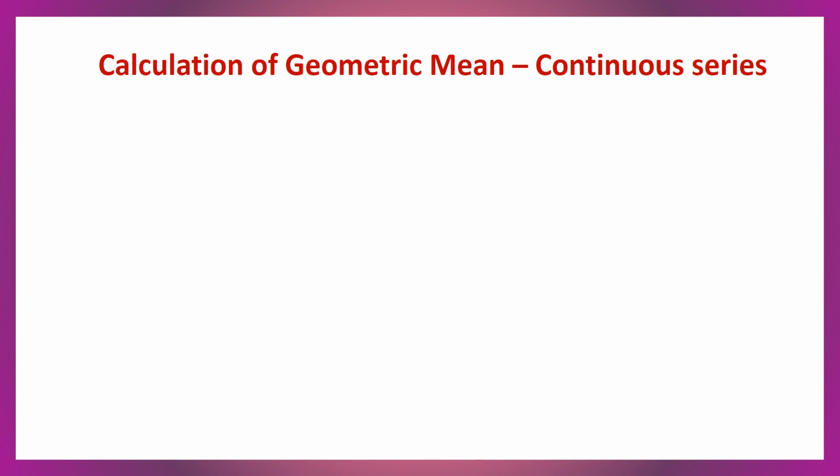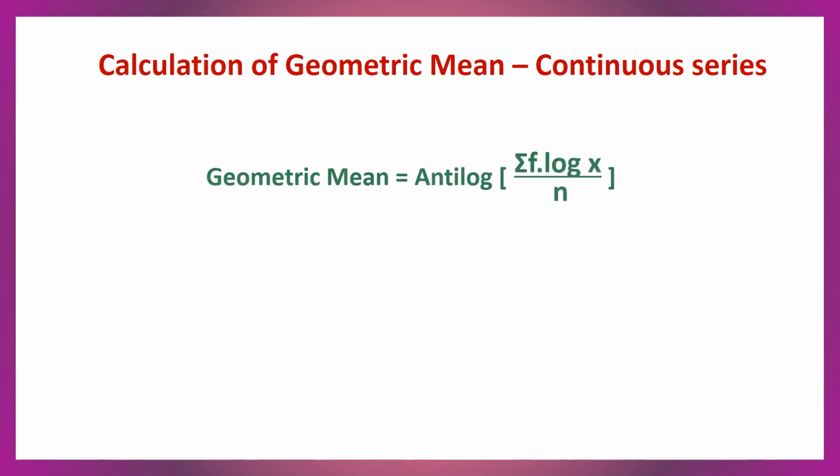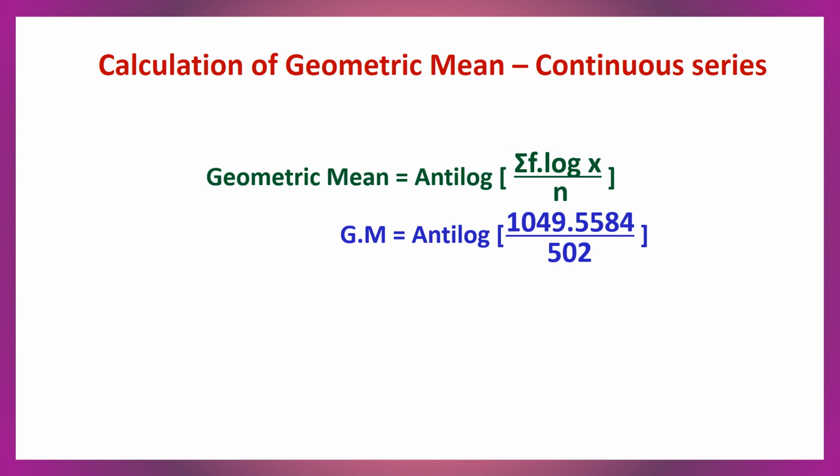Now let us take the formula and apply these values in the formula. It becomes antilog of 1049.5584 divided by 502. That is antilog of 2.0908. Hence the geometric mean here is 123.2.